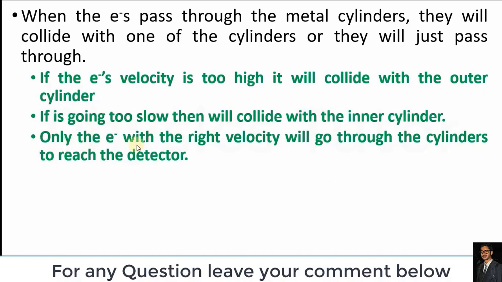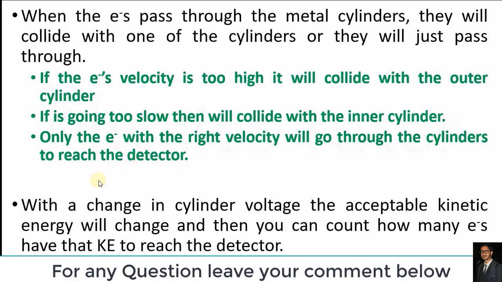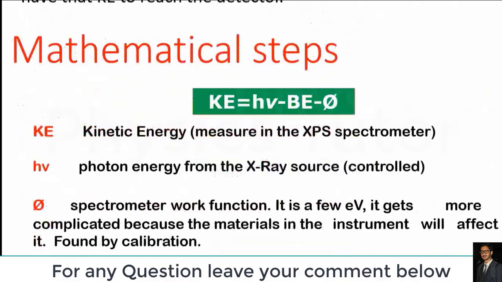In the third step, only the electron with the right velocity will go through the cylinders to reach the detector. So with a change in cylinder voltage, the acceptable kinetic energy will change, and then you can count how many electrons have that kinetic energy to reach the detector. I hope you understand the working of CMA.